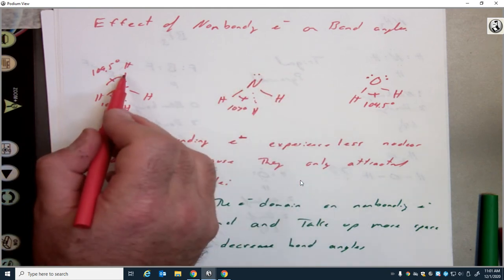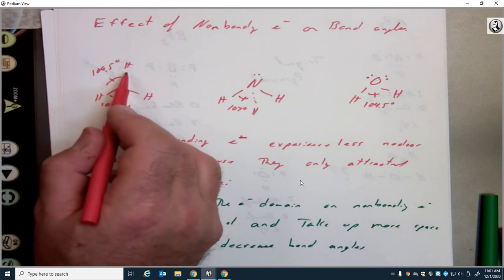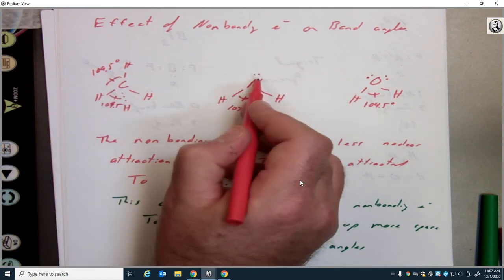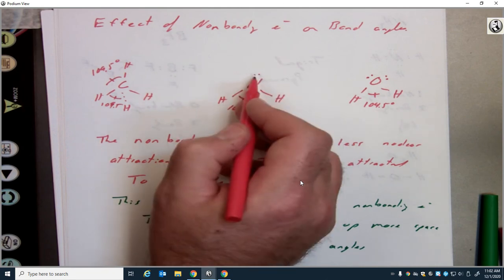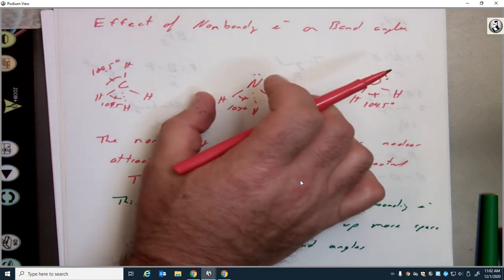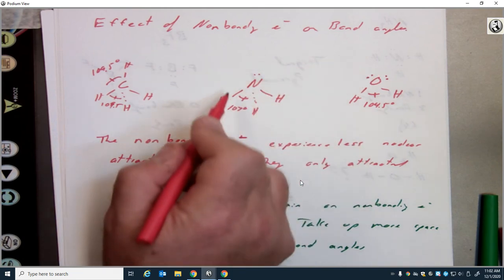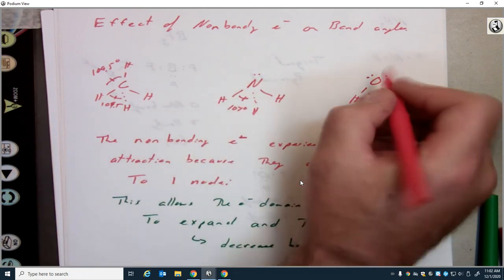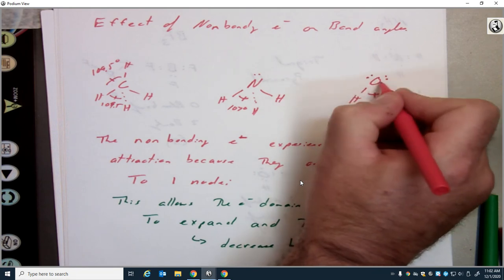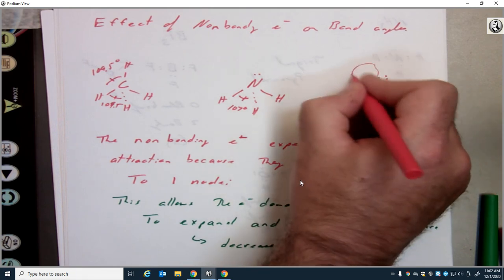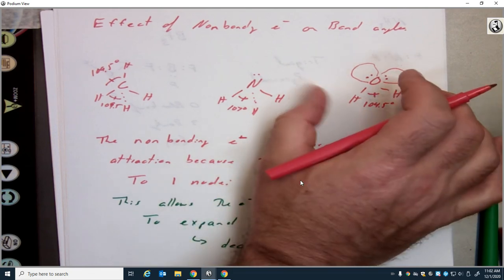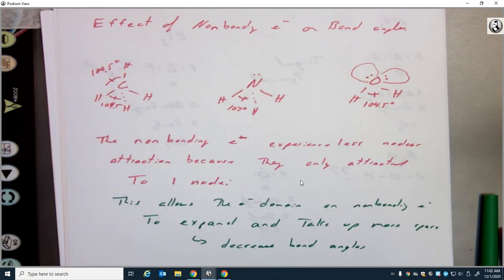Compared to over here, these two electrons are attracted to two. This allows this domain to get bigger. And if this domain gets bigger, it's going to push or repel these down further, and it's going to decrease this angle. In this case, now we have two non-bonding electron domains, and they're bigger than bonding domains, which is going to force this bond angle even closer.